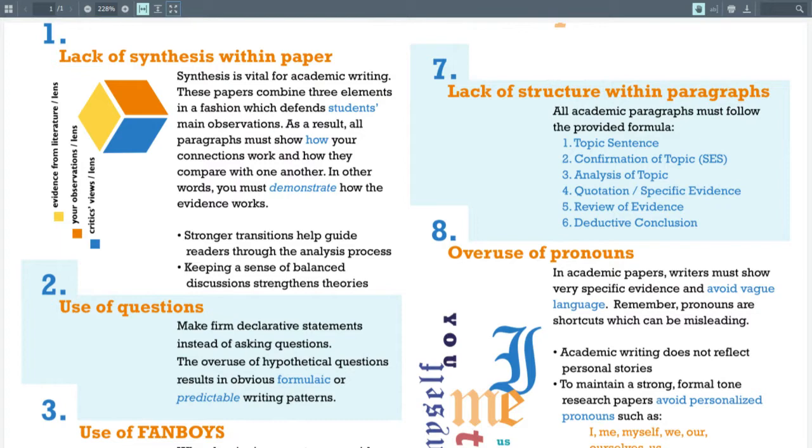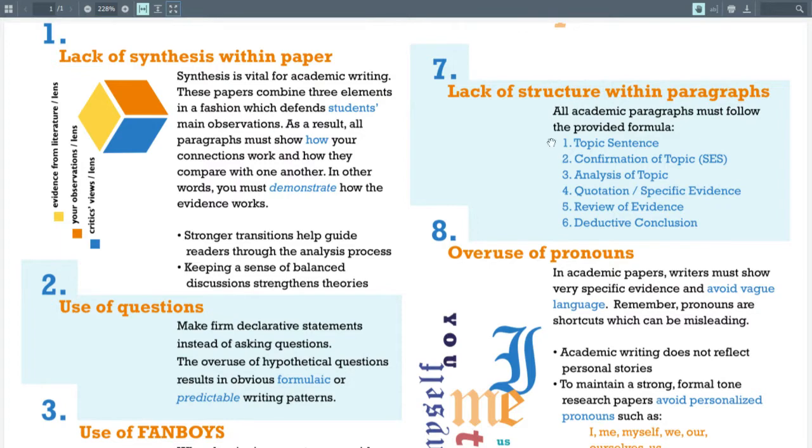So as I say here, it confirms the topic. But it's also shifting the topic in a more specific direction, or taking the topic in a more specific area of your discussion.